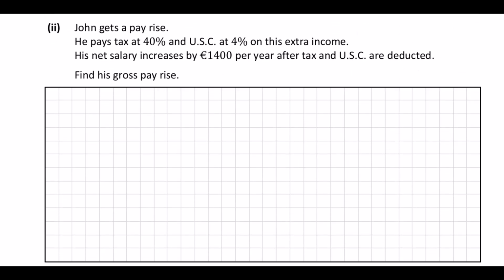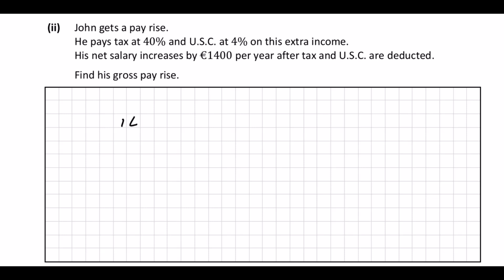Next part then. John gets a pay rise. He pays tax at 40% and USC at 4% on this extra income. His net salary increases by 1,400 euros per year after tax and USC are deducted. Find his gross pay.